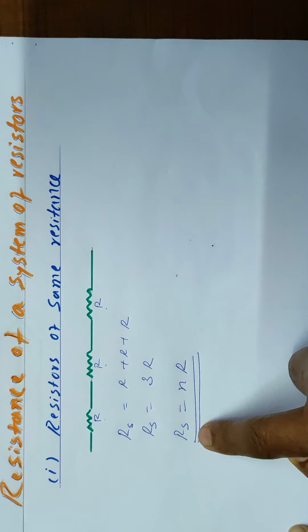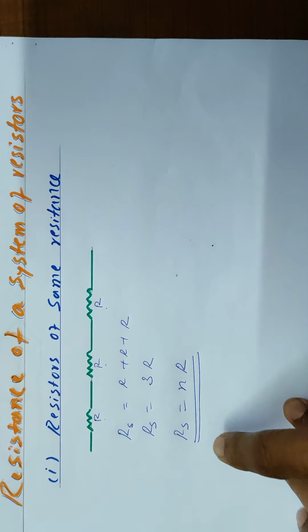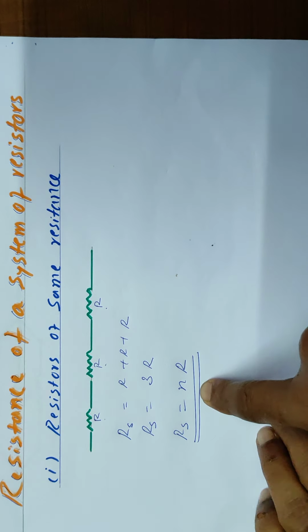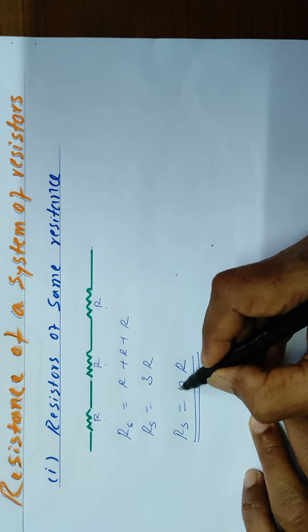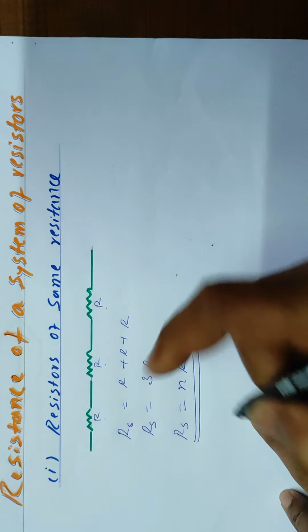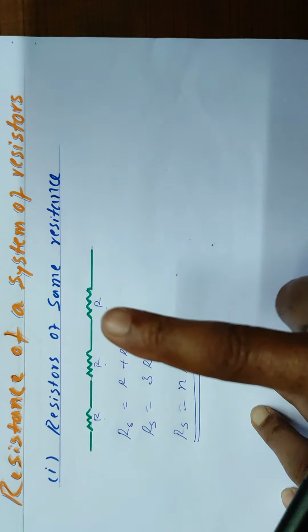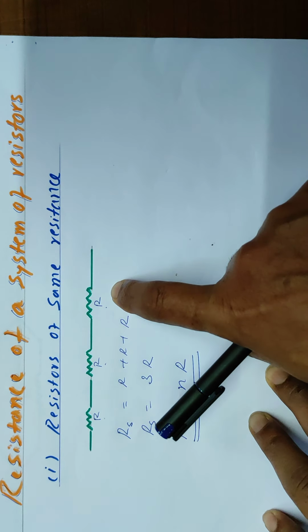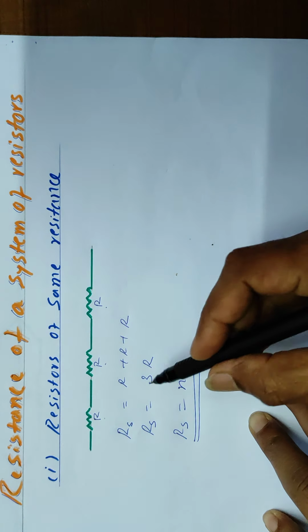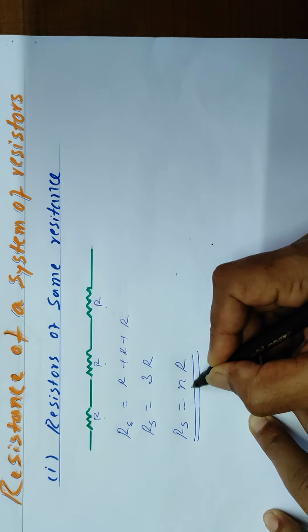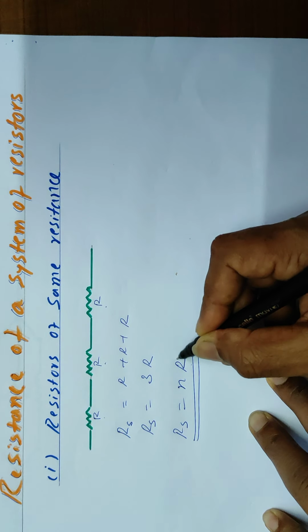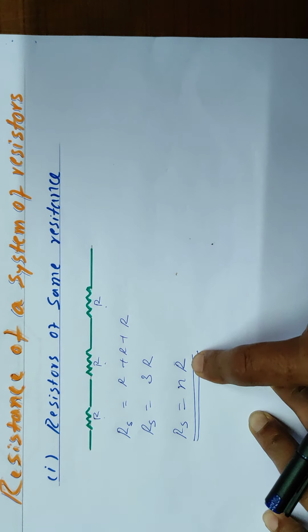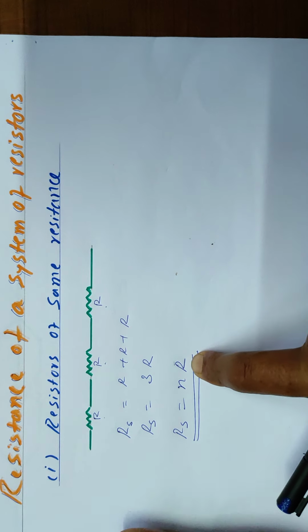That is, the equivalent resistance of the combination is equal to nR. Dear children, don't forget, here we have used resistors of same resistance. So n stands for number of resistors and R stands for resistance of each resistor.